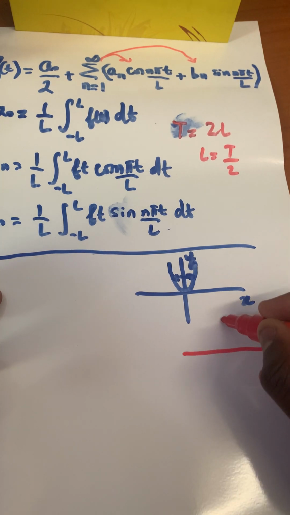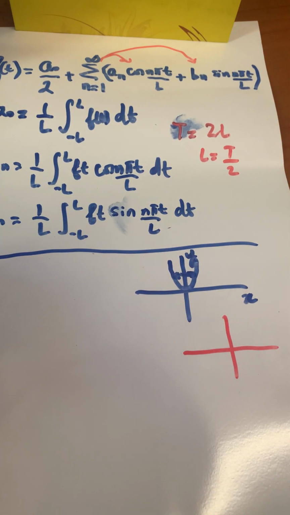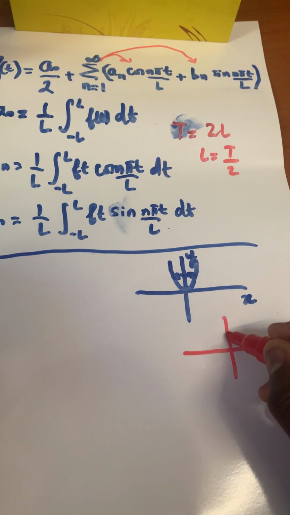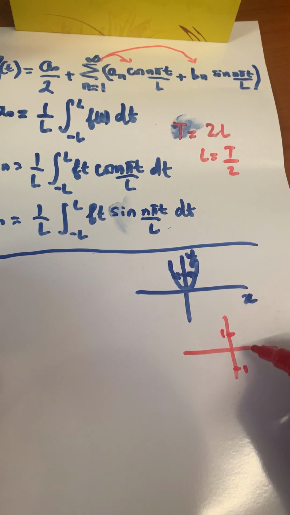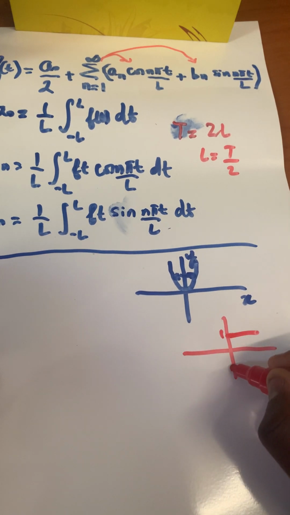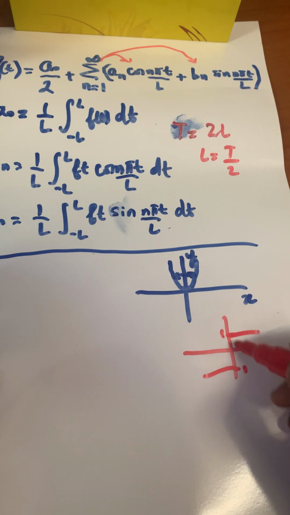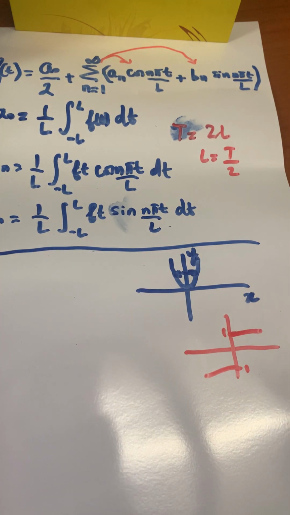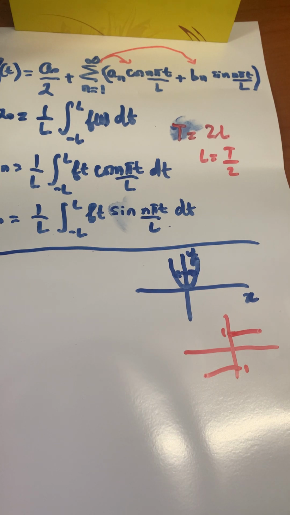Let's say we have something like this. For example, this is 1, this is minus 1. I have a line like this and a line like this. They are symmetrical about the origin. Another way you can also call it is symmetrical about the horizontal, but that is the tricky part.